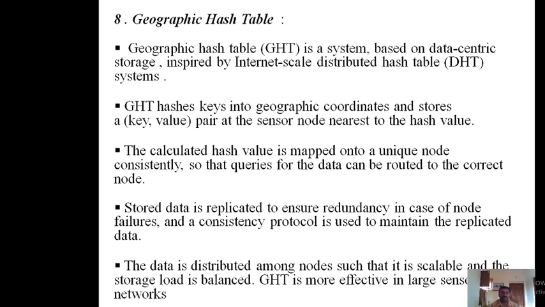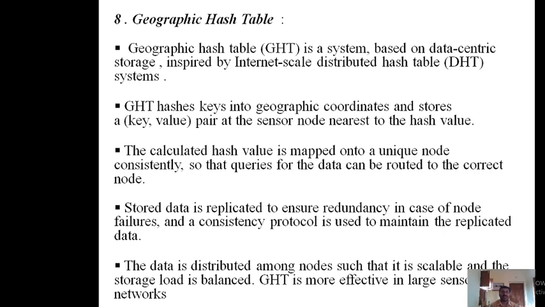That means in the geographic hash table, data is always distributed so that the storage load is balanced. So all the sensor nodes maintain a similar amount of data storage. That's why the geographic hash table is more efficient in large sensor networks.